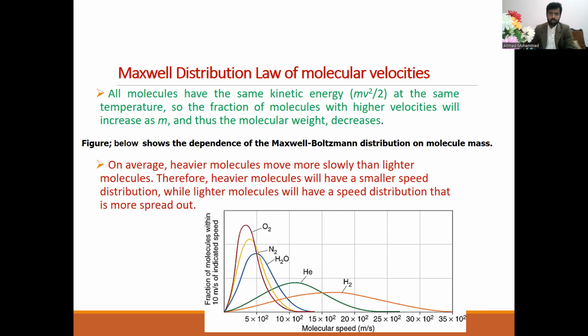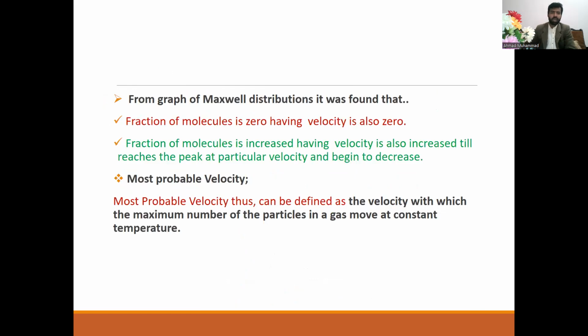The heavier molecule has a smaller speed distribution, but the lighter molecule has a greater distribution. So these are two conclusions: the smaller or lighter molecule has a greater distribution, and the heavier molecule has a smaller distribution of the velocity.